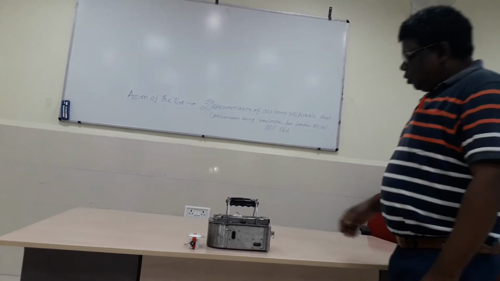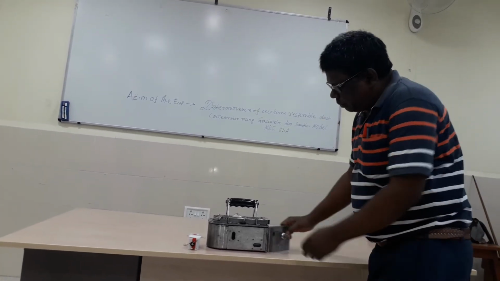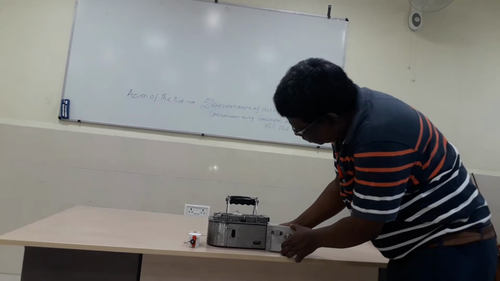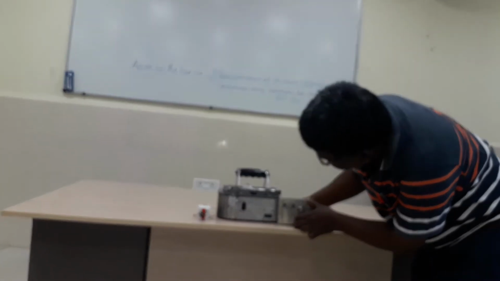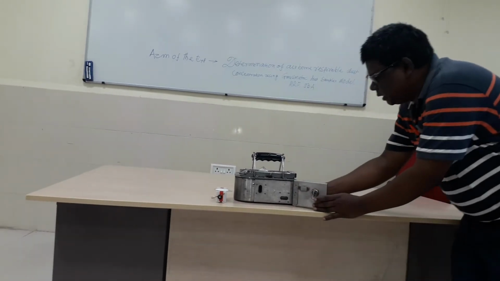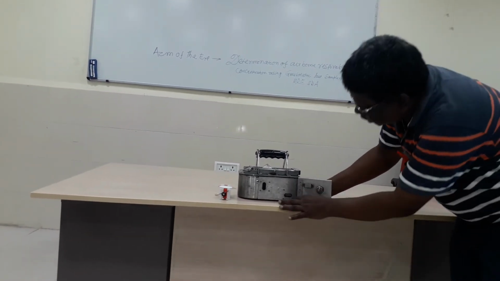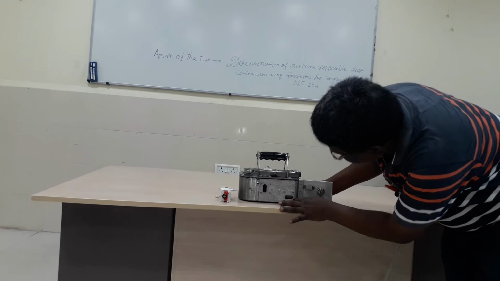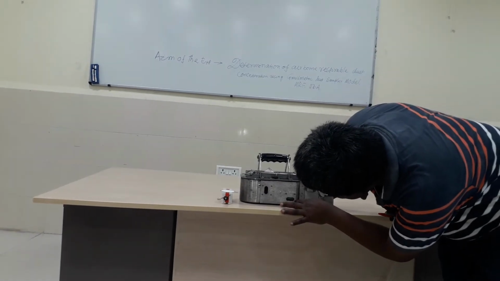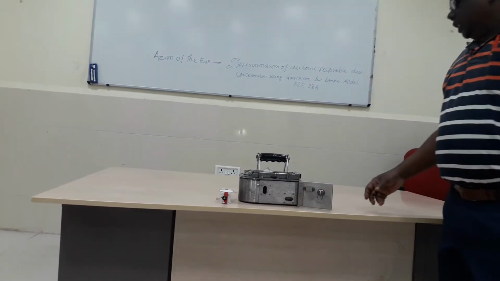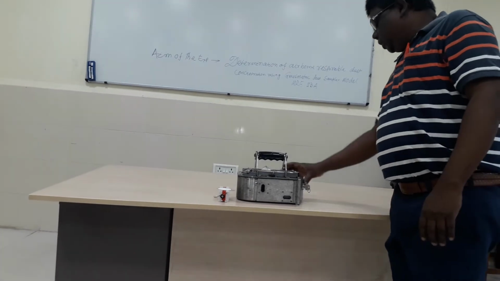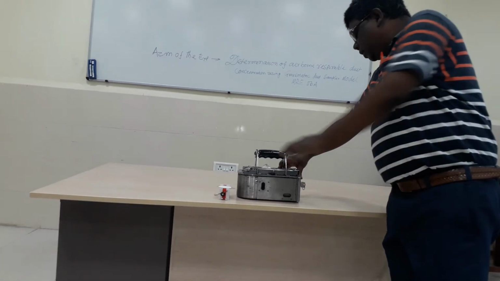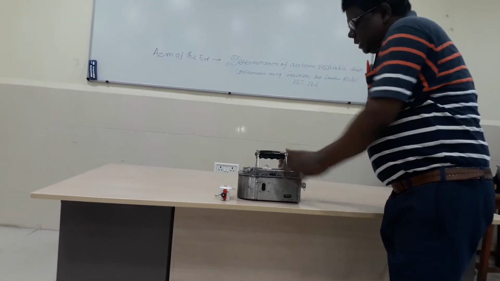Before starting the instrument, the rotameter has to be at zero liter airflow, which is set by this knob. It is in the zero position. Then insert the battery in the battery holder, and this is the on off switch.